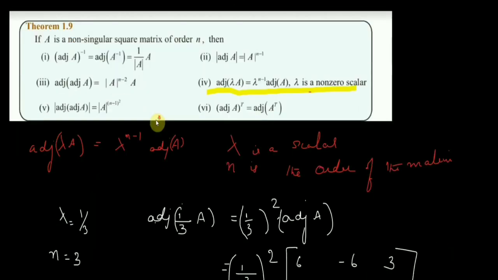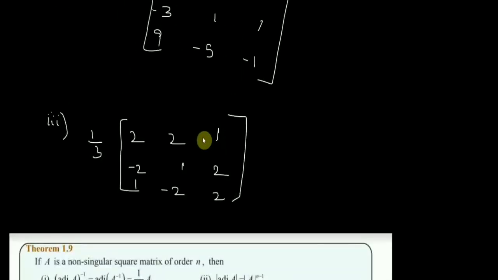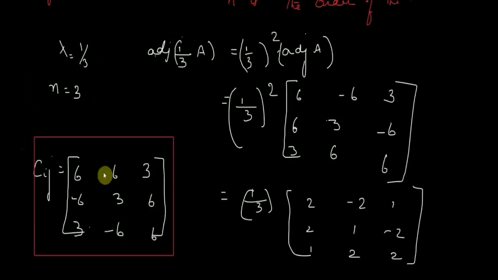Similarly, cofactor of 1 will be minus 4 minus 1, minus 5. Like that, cofactor of 1 is 4 minus 1, that is 3. Okay, so this cofactor matrix is [6, 6, 3; minus 6, 3, 6; 3, minus 6, 6].